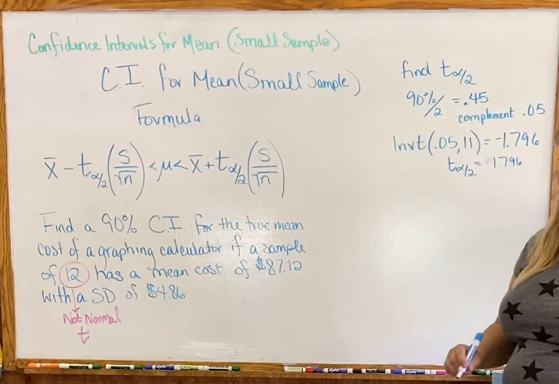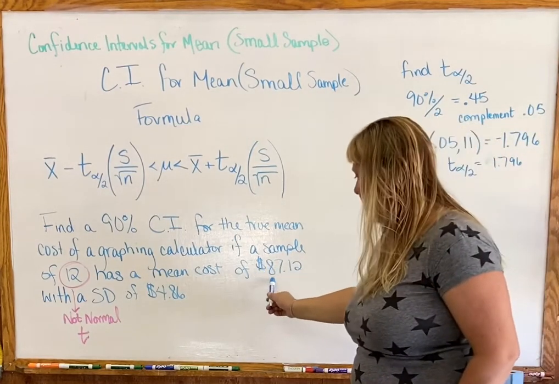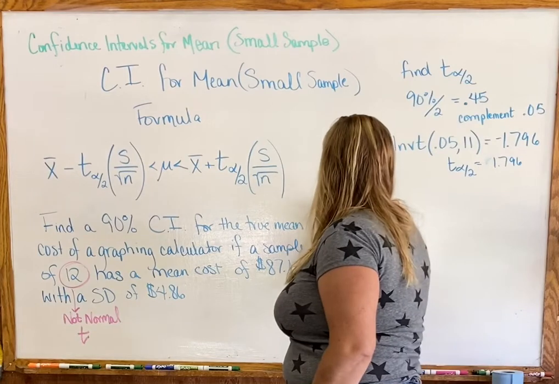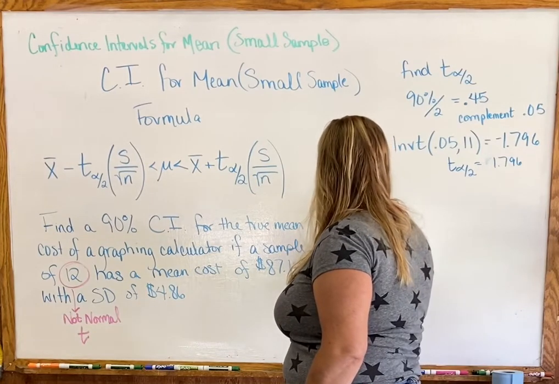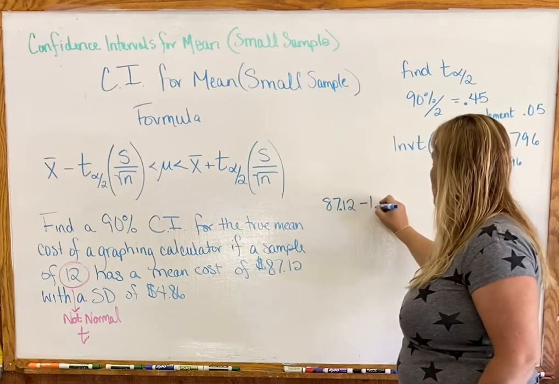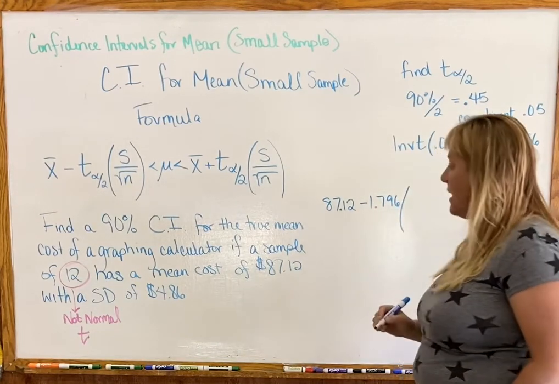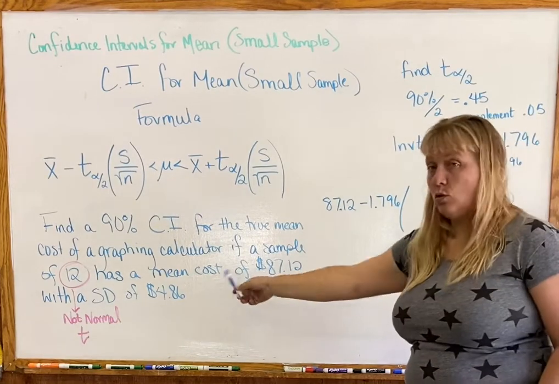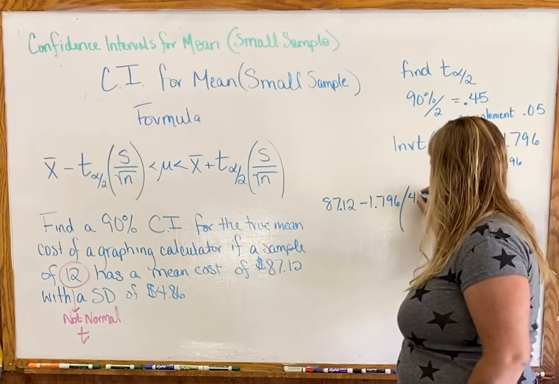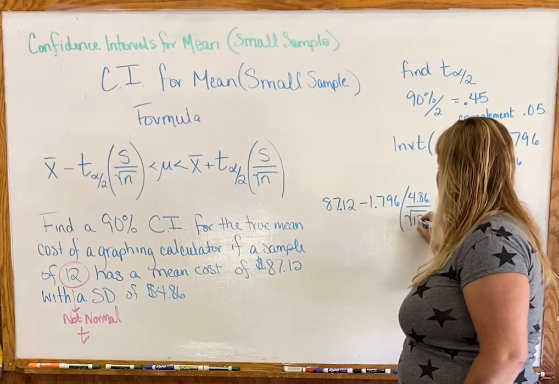Now we're ready to start. We need our x bar, which was our mean cost of our calculators: 87.12 minus our t-score, 1.796, times our standard deviation, which was 4.86, over the square root of n, which would be the square root of 12.